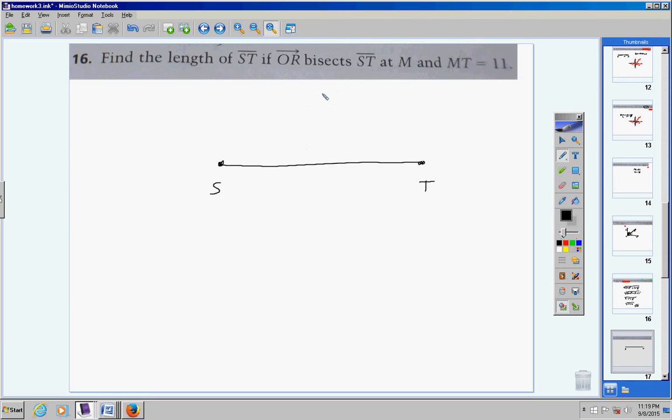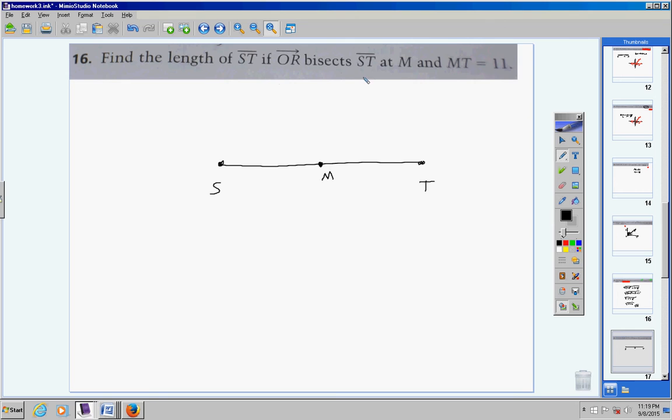OR bisects ST. Look at this, guys, really carefully. Ray OR bisects ST at M. So I know if it bisects ST, it cuts ST in half. If it cuts ST in half, that means M is going to be right here in the middle.